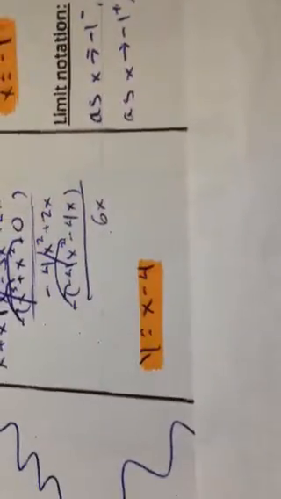So, to find this, we use long division, and if you're following along, it doesn't matter if there's a remainder, because all we care about is the y equals mx plus b form, and we see x minus 4 is in that form, so y equals x minus 4, and that's your slant asymptote. So you're going to want to draw that.